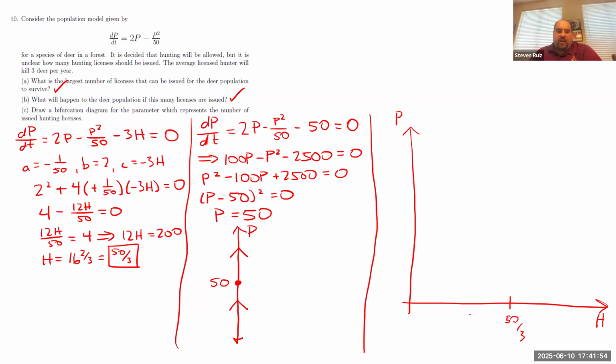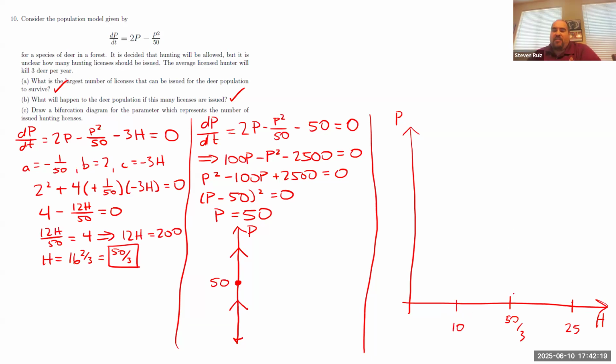Let's choose a couple of values for H that are reasonably far away from that. Let's say that H will do 25, and we'll say H will do 10. So this is about 16 and 2/3. Yeah, 10's fine.